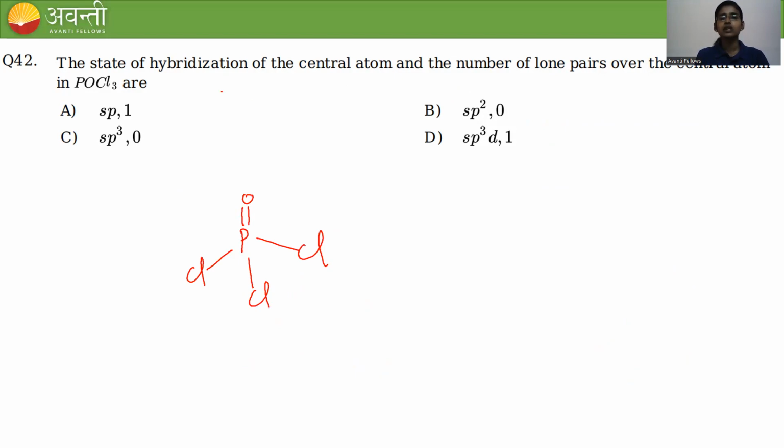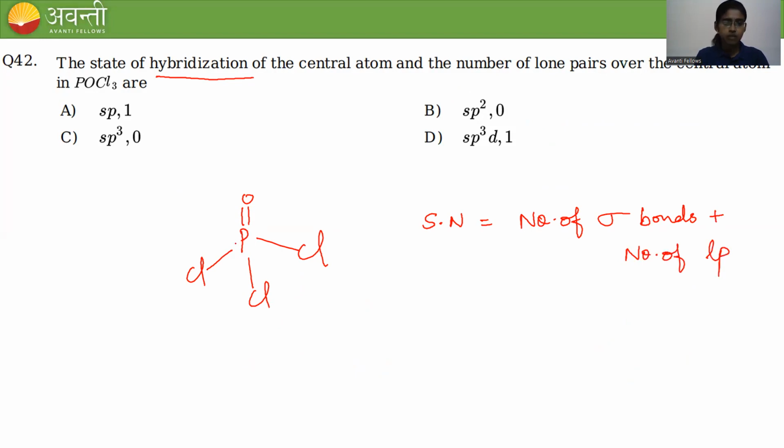So how do we find out the hybridization of the central atom, that is phosphorus? We have to find out the steric number, right? Steric number is equal to the number of sigma bonds plus the number of lone pairs. So how many sigma bonds do we have around this phosphorus? So 1, 2, 3 and 4, right?